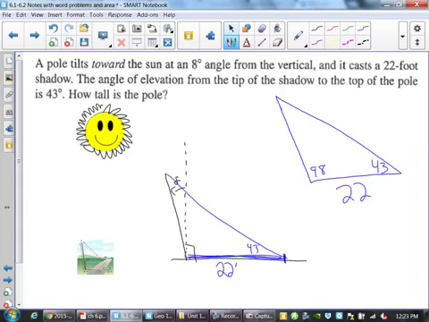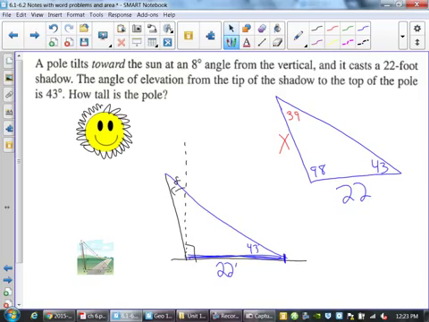What's 98 and 43? 141. So what's left for up top then? 39. And I need to figure out how tall the pole is. So I'm going to use the 39 to the 22.